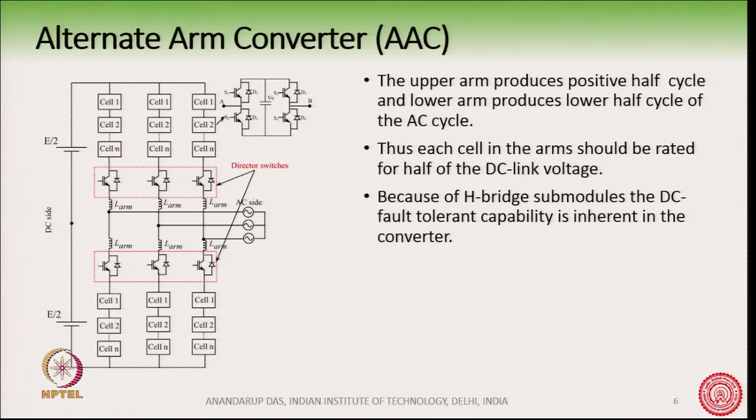So, each cell in the arms should be rated for half of the DC link voltage. Rather, I will say not each cell, each arm should be rated for half the DC link voltage. Okay. So, let us see how this happens.